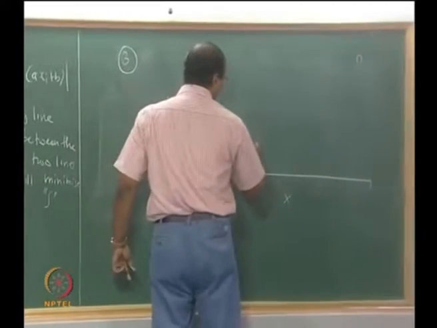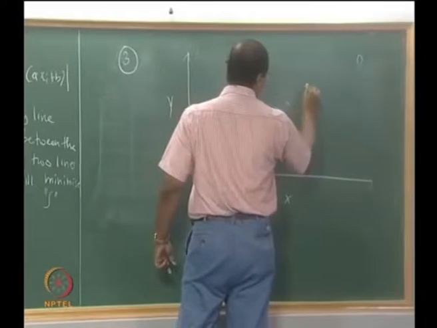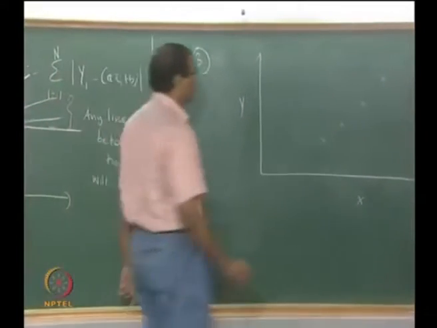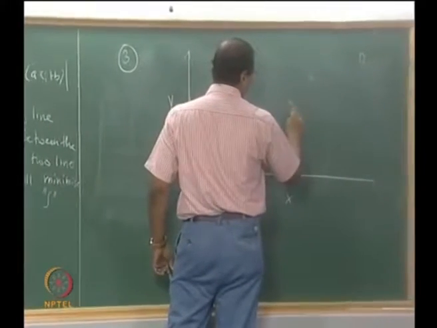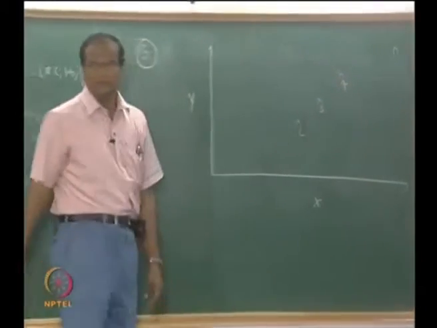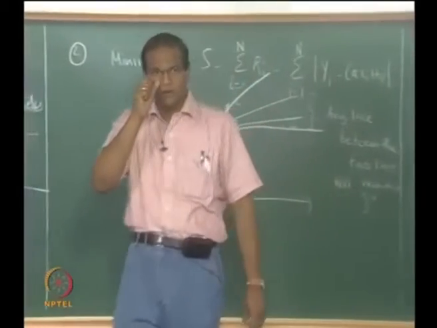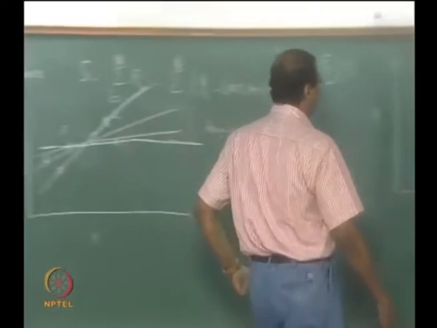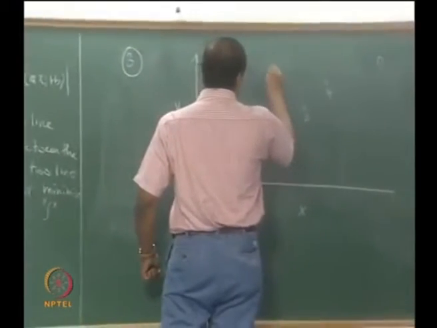I have a nice set of data, 1, 2, 3, 4, which is like this. Unfortunately, I have one fellow like this.